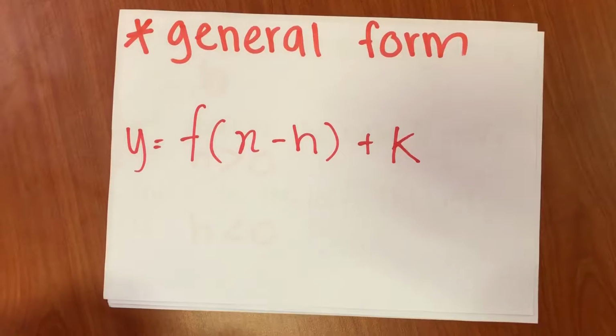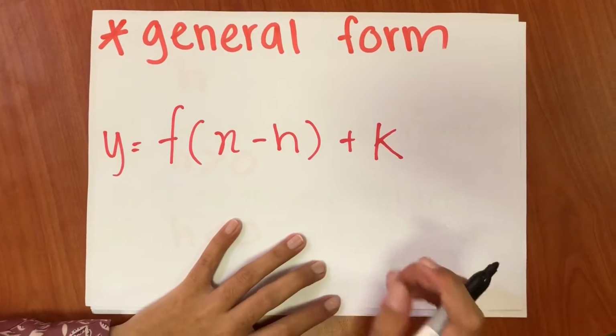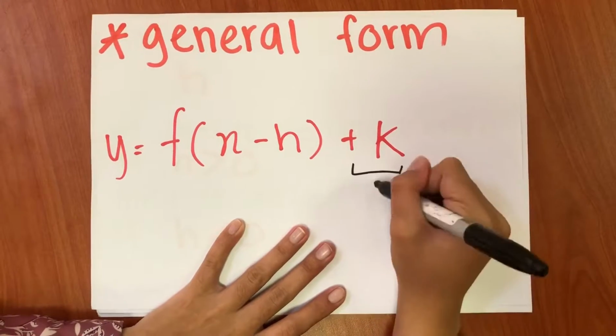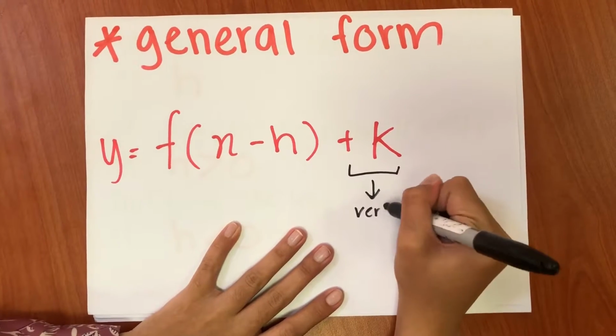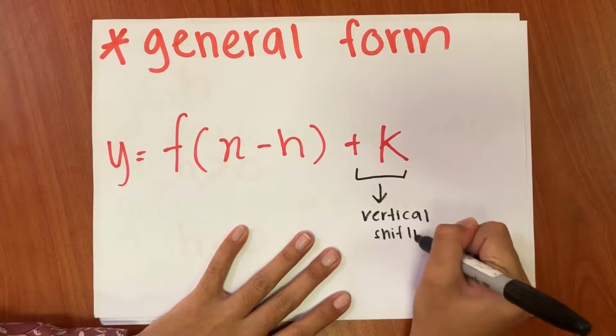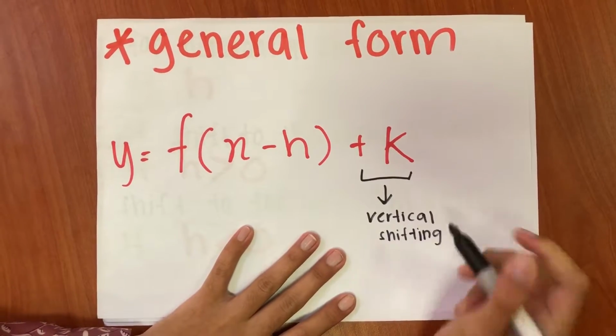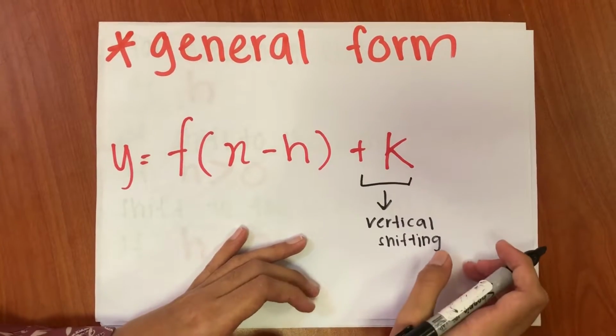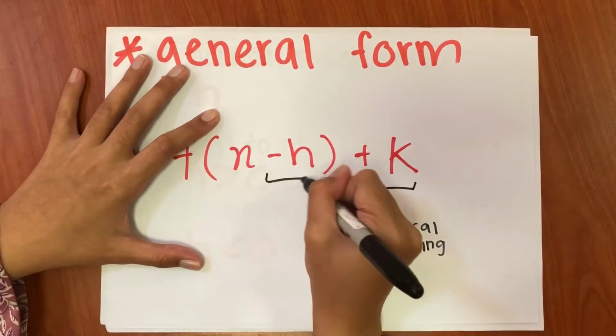If you want to look at the vertical shifting, we have to look at k. Vertical shifting. If you want to look at the horizontal shifting, we have to look at this.